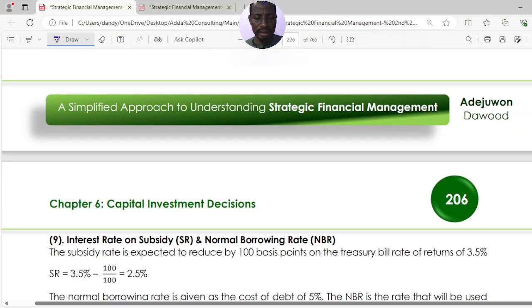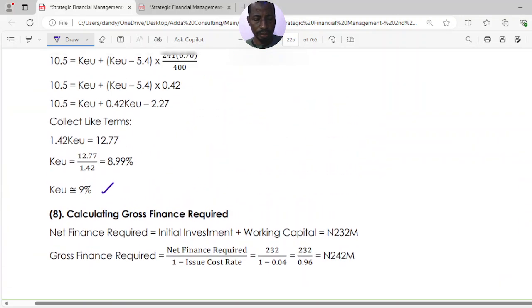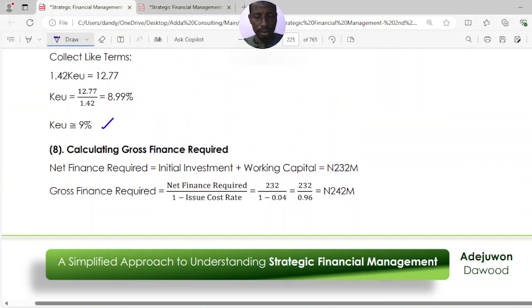So remember what I said. Before you begin to do net finance required or gross finance required, first things first, you ascertain whether you want to use the cost of borrowing or the risk-free rate of return. So according to the question, the normal borrowing rate, the cost of borrowing, is equal to 5%.